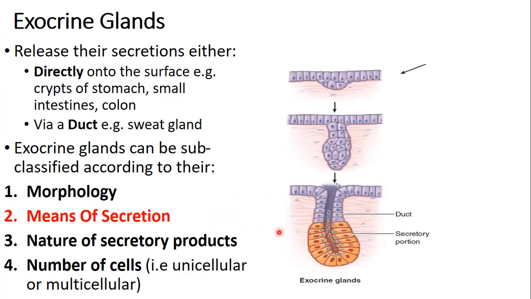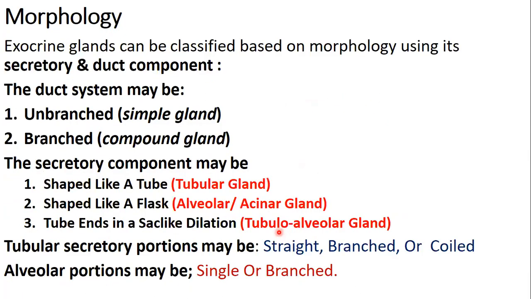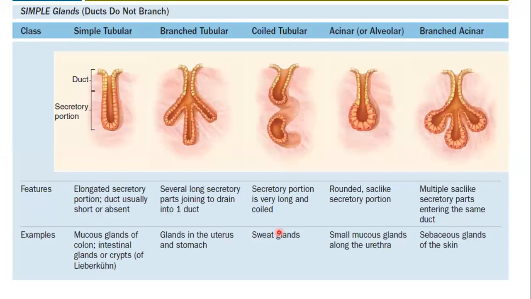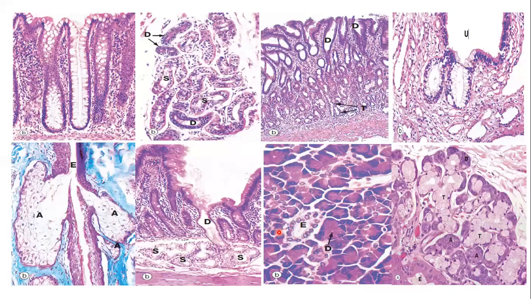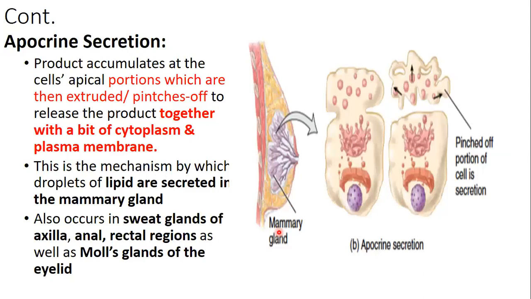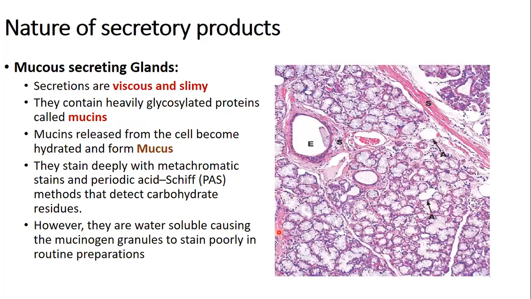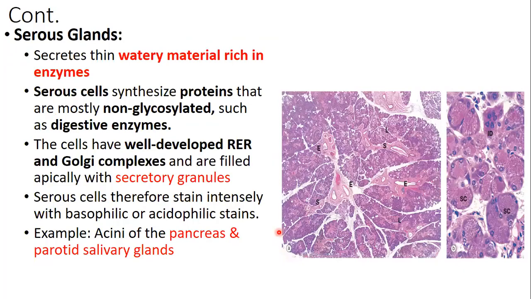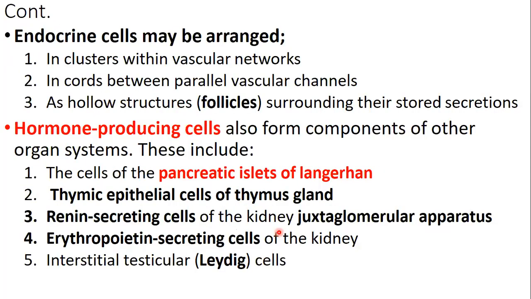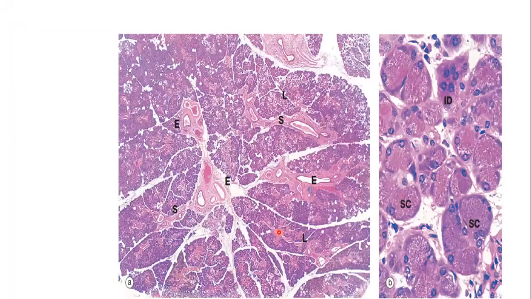So we call them multicellular glands, except for a goblet cell. A goblet cell is a single cell, but at the same time acting as a gland. So this is the only unicellular gland we have in the body, a goblet cell.